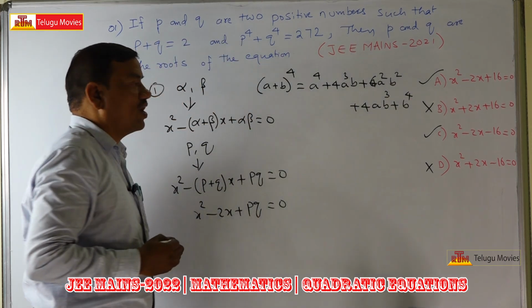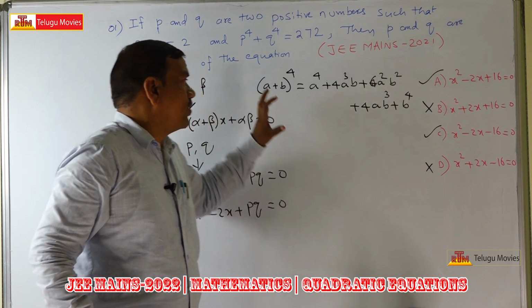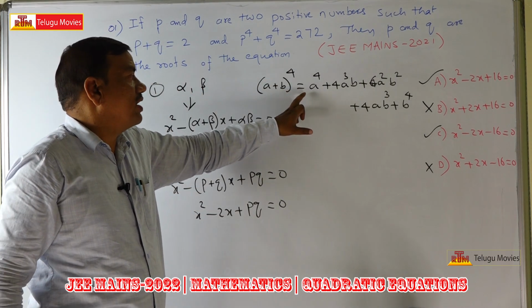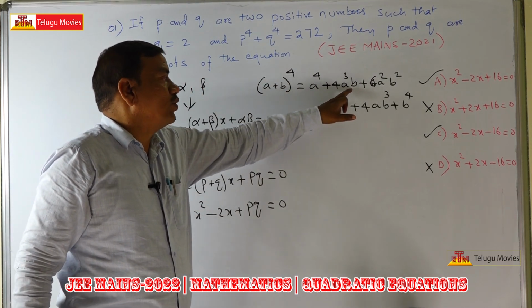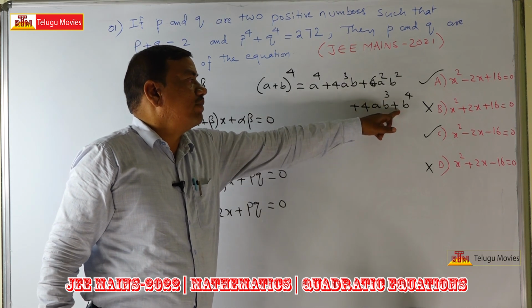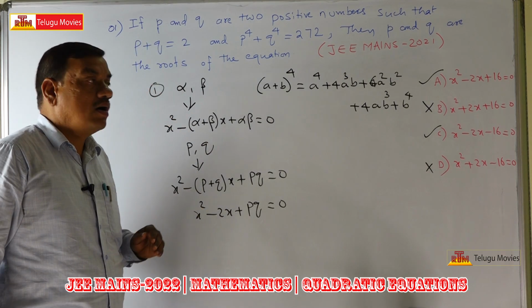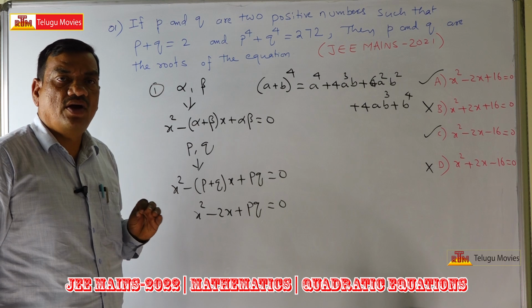Altogether you will get 5 terms: 1, 2, 3, 4, 5. So A plus B whole power 4 is equal to A power 4 plus 4A cube B plus 6A square B square plus 4AB cube plus B power 4. If you know all these concepts, the solution of this problem is very easy.